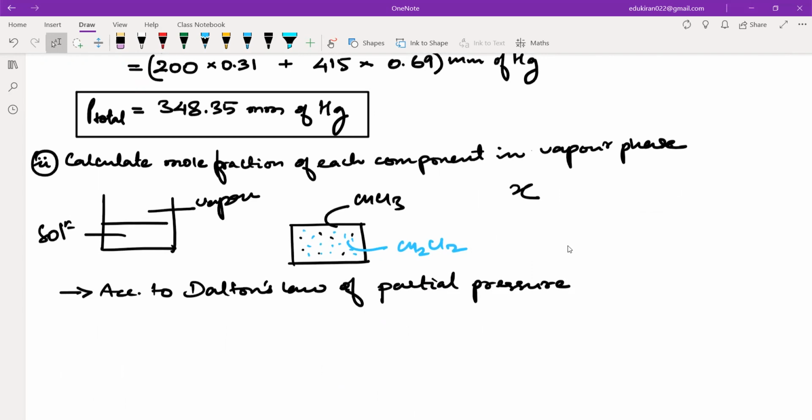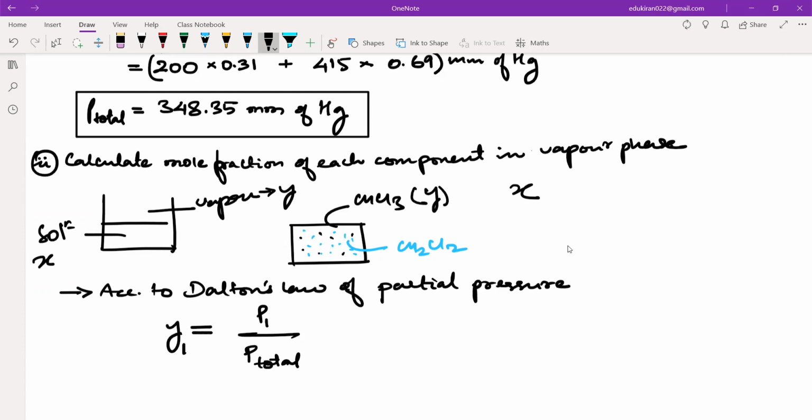For the solution we use chi of A and chi of B. For its own vapor, we will use the term y, so y of CHCl3 and y of CH2Cl2. We know according to Dalton's law of partial pressure that the mole fraction of a gas, let's say y1, is equal to P1 upon P total.